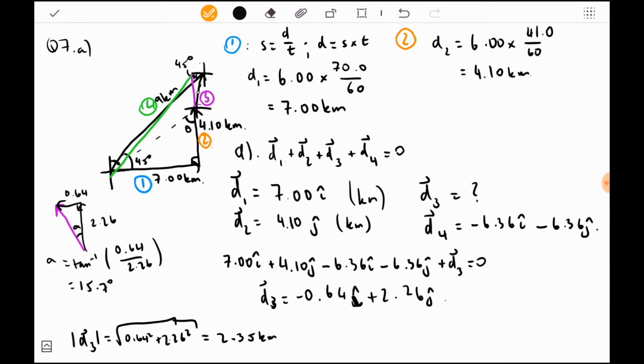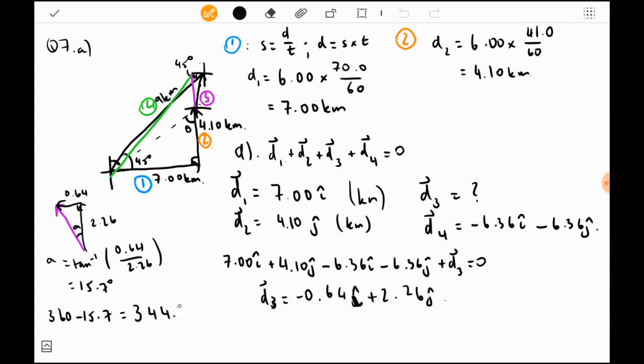So that means that the bearing will be given as, let me delete this down here and rewrite it a bit nicer. The bearing will be given as 360 minus 15.7, which is 344.3 degrees true, or to three significant figures, 344 degrees true.